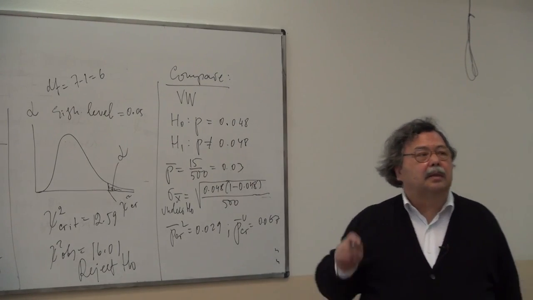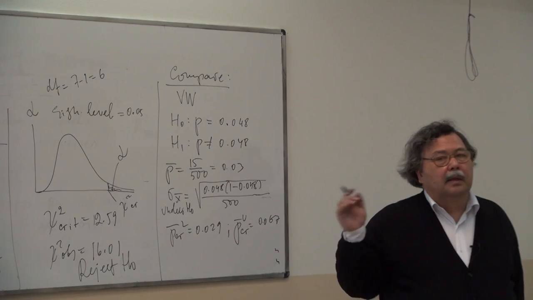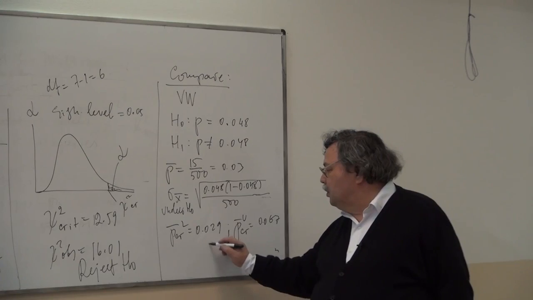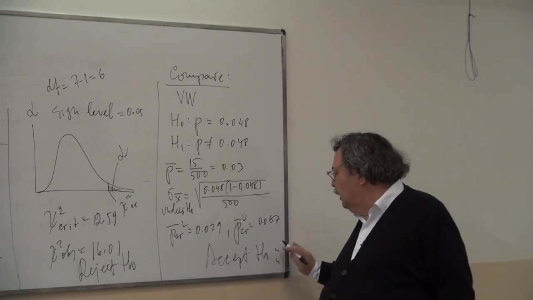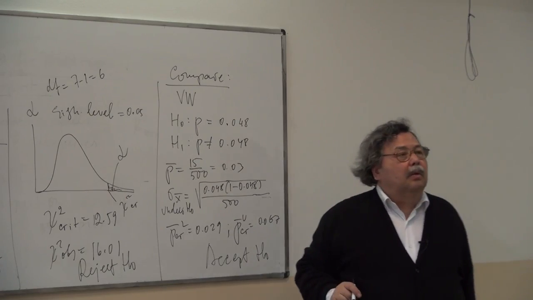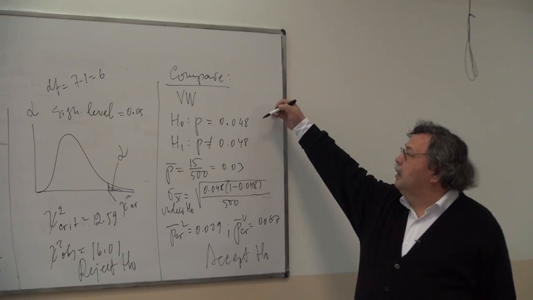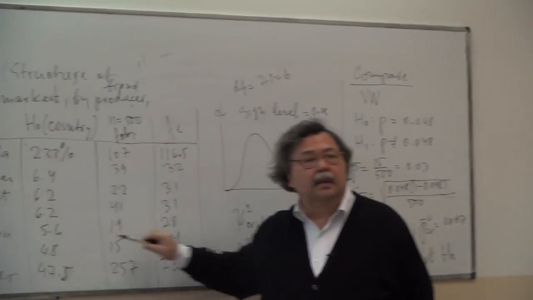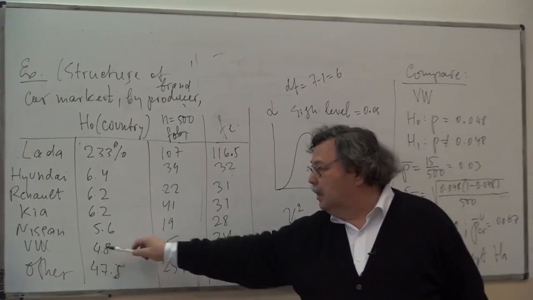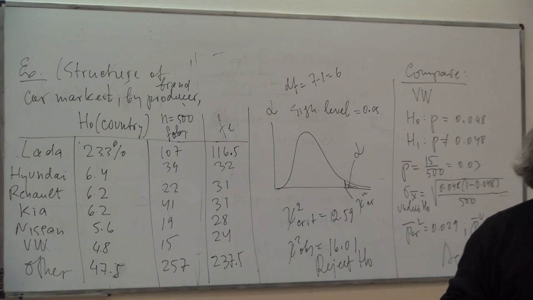So following strictly the procedure of testing a population proportion, we have to write that we don't have statistical evidence enough to reject this null hypothesis. So taken separately, a test on proportion here will give us this answer: accept the null hypothesis.